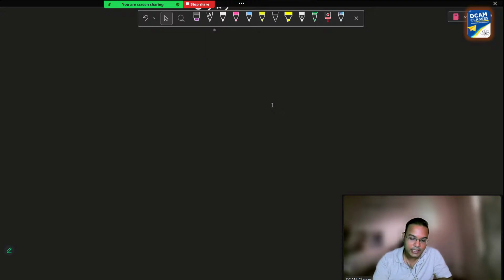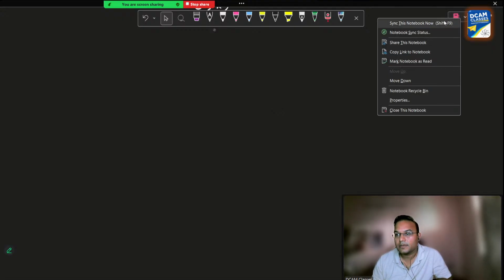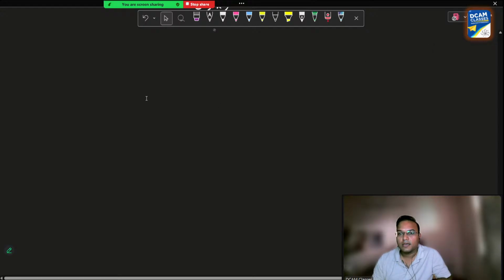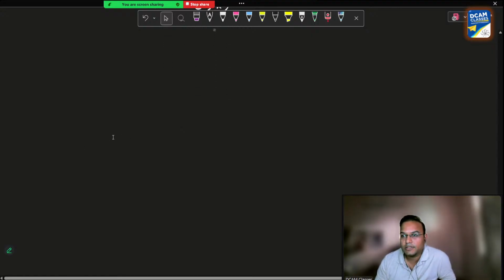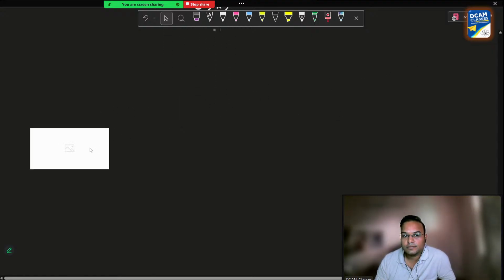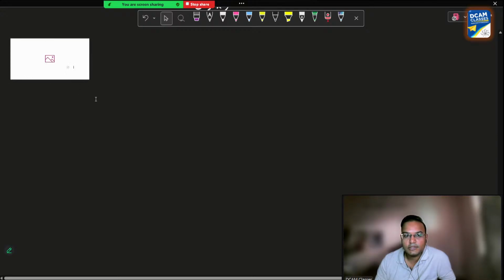They are giving questions based on parameters, tangents, and normals. Using these parameters, they can form very different kinds of questions. It's easy to form.